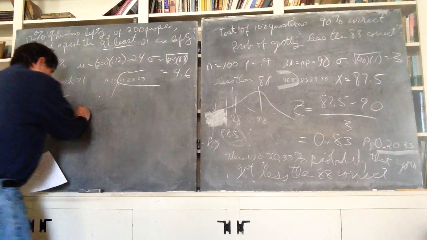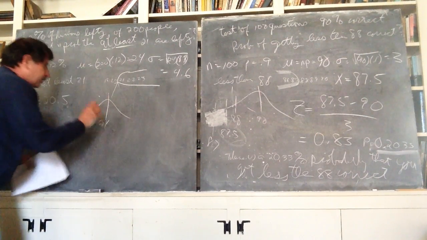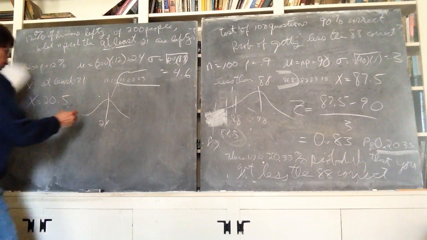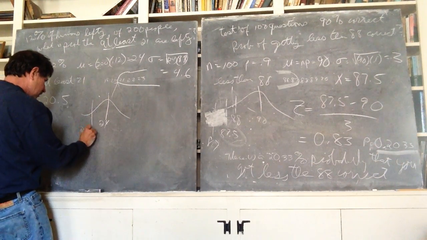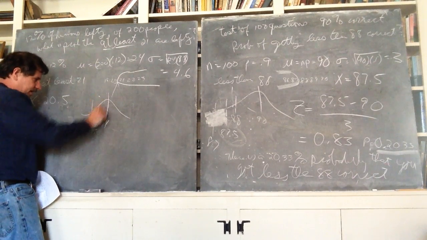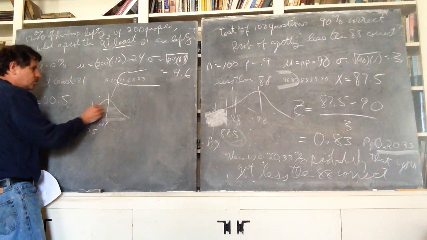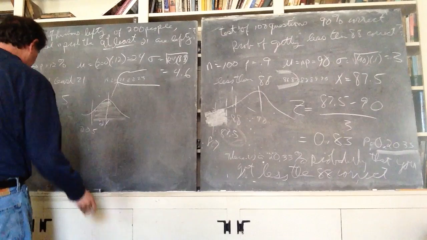Again, the curve. There's 24. 24 is the mean, and we want at least 20.5. There's what 20.5 is. Again, that's impossible. These are discrete, but we're using this continuous distribution to approximate it. So here we go.